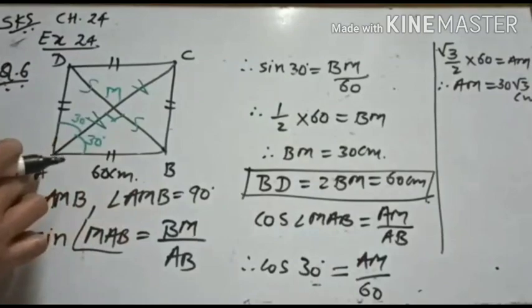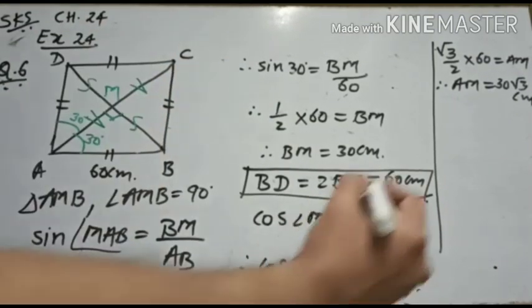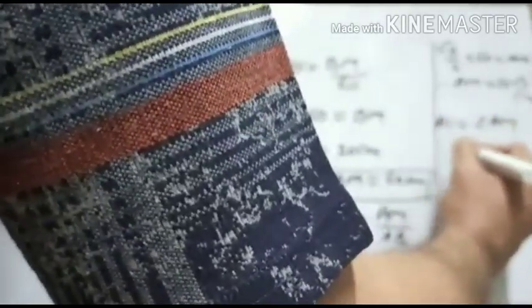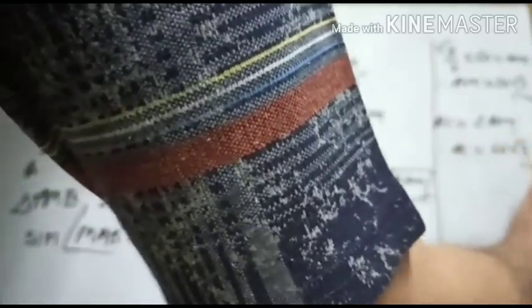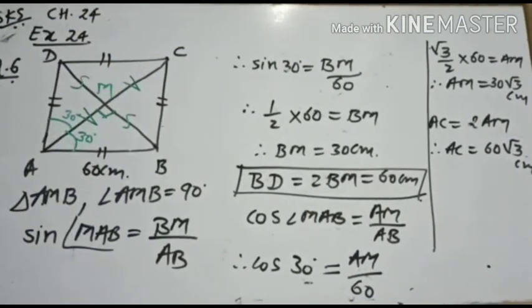But again, the question is not to find AM, we are supposed to find AC, and we learned that diagonals bisect each other, so AC will be double of AM. Double of 30 root 3, hence AC will be 60 root 3 centimeters.